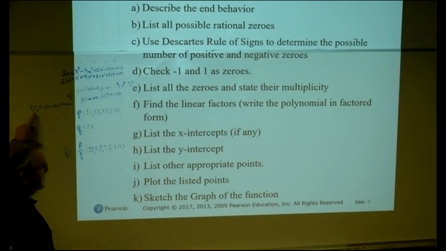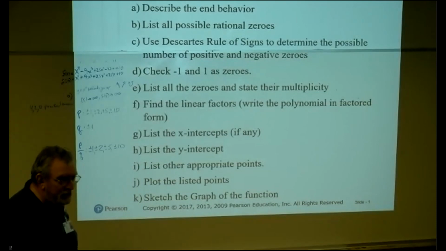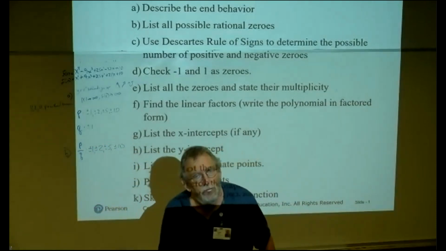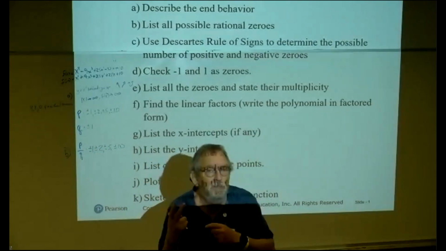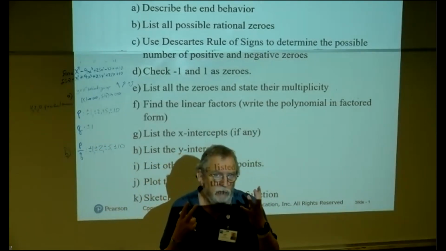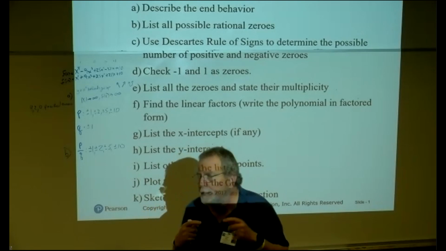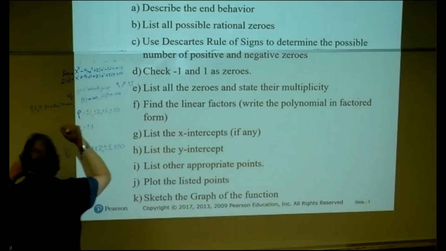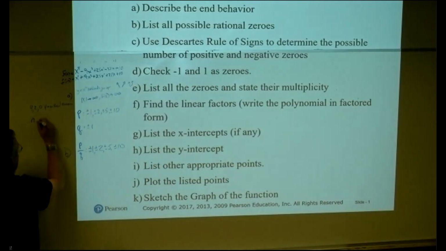So 4 minus 2 is 2, 2 minus 2 is 0. So this is the list of the possible numbers of real zeros. If I have a positive 1, then I will have at least 2 and possibly 4. Counting my sign changes here, there are no sign changes, so that means there are no negative real zeros.